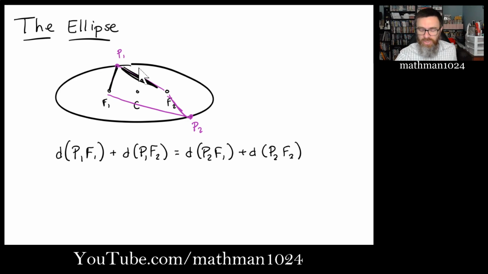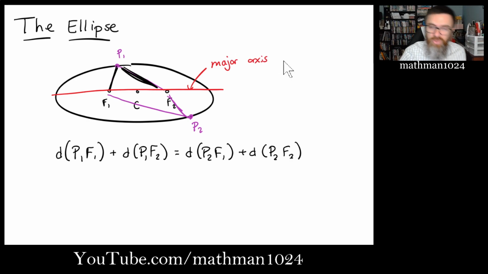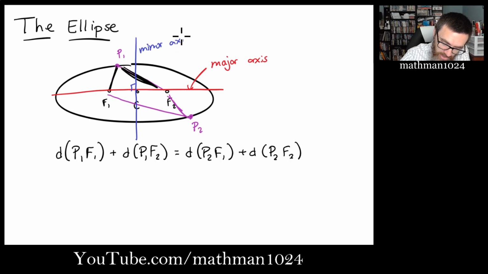All right. So with the ellipse, we have what's called the major axis. Now the major axis is the line that goes through the 2 foci and actually will go through the center as well. And then we have this guy right here, which is going to be the minor axis. Now, typically we don't draw it all the way through.